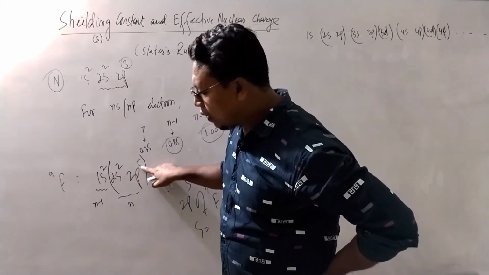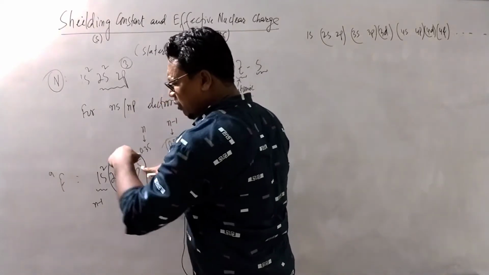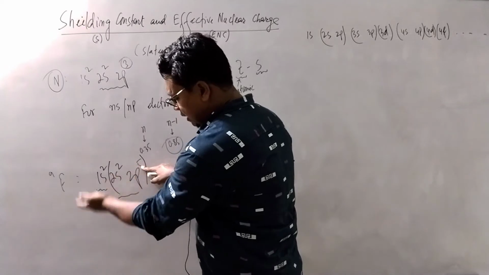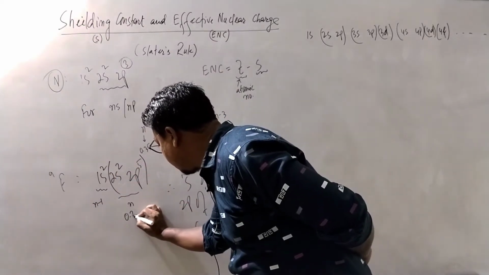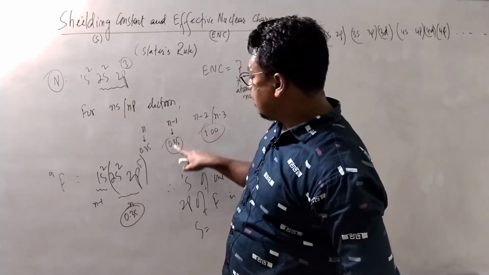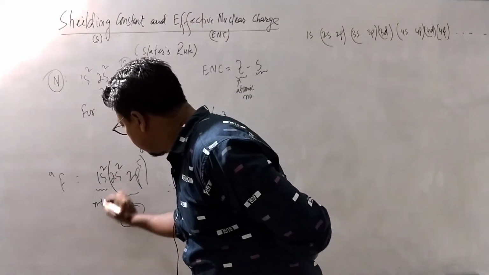In 2p, 4 electrons are left, and in 2s there are 2 more electrons, so 2 plus 4, that is 6, will have a contribution of 0.35 per electron, and this is n minus 1. For n minus 1 the shielding value is 0.85.